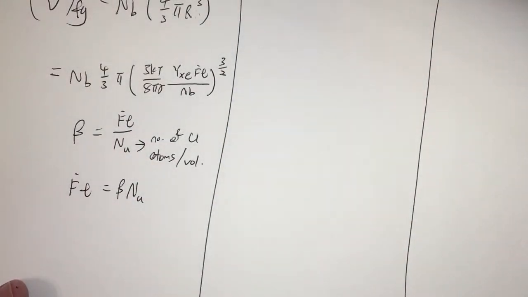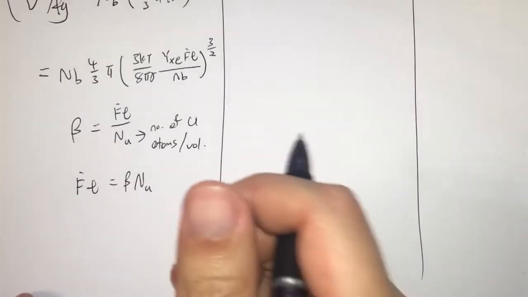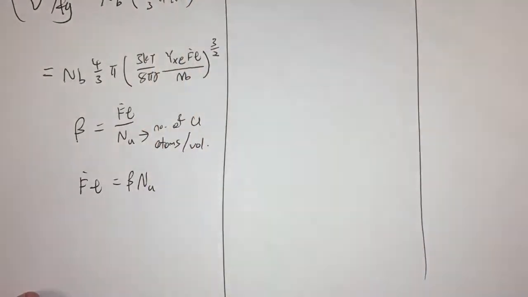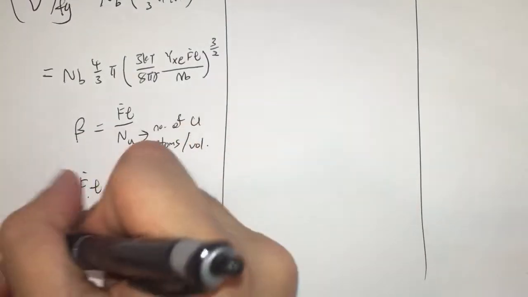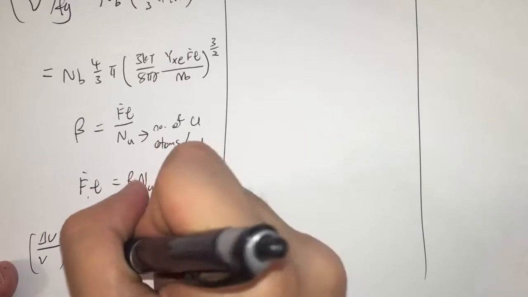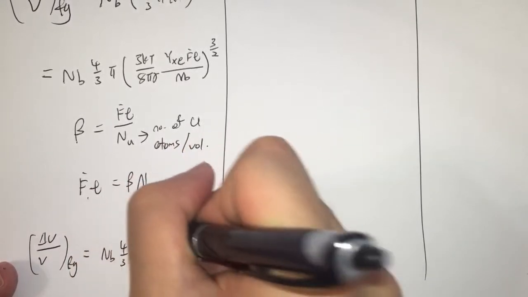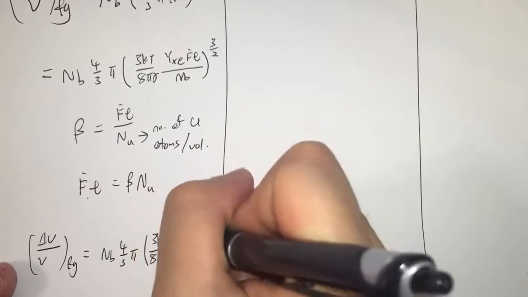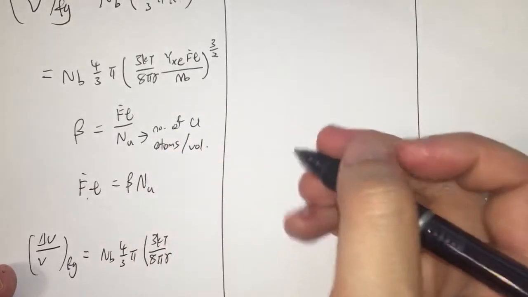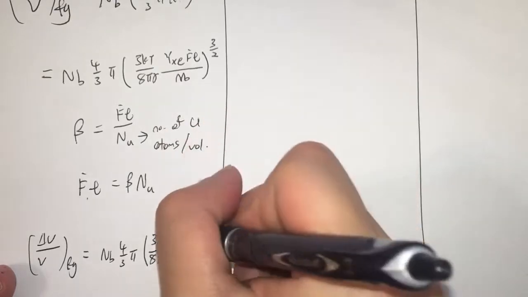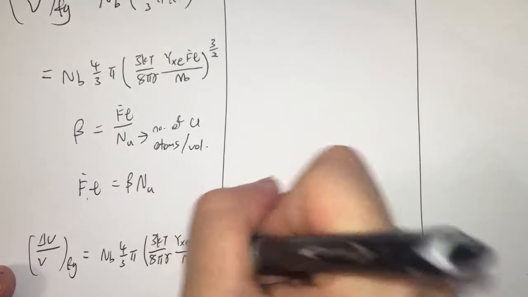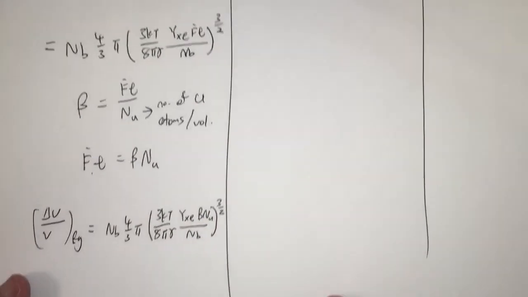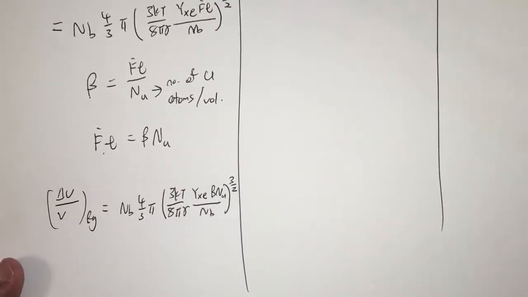Just to be clear, this is inclusive of the uranium-238, not just the fissile uranium-235. So we substitute this in here, replacing F t. Okay, so this is the expression we have here.